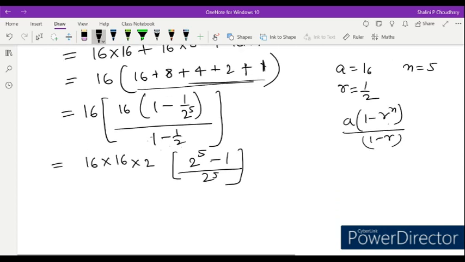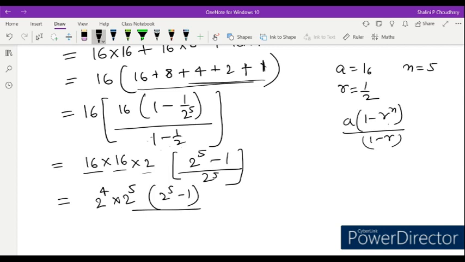And 16 is 2 to the power 4, so we can write 2 to the power 4 into 2, and this one is 2 to the power 5 minus 1 upon 2 to the power 5.